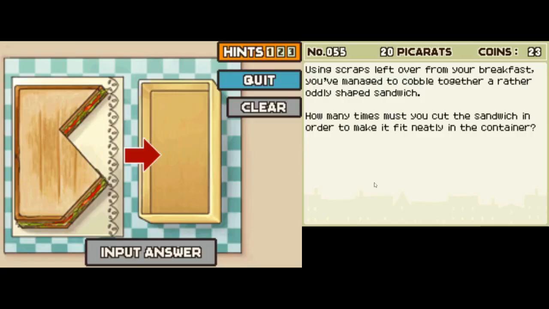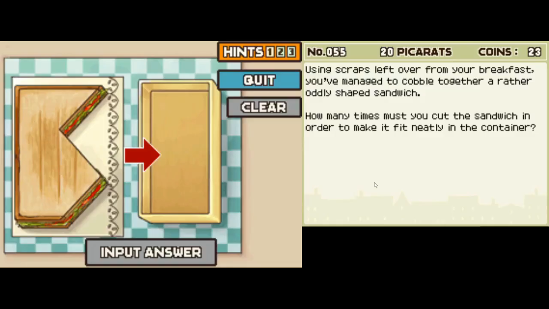All right, so puzzle number 55, the odd sandwich. Using scraps left over from your breakfast, you've managed to cobble together a rather oddly shaped sandwich. How many times must you cut the sandwich in order to make it fit neatly in the container?